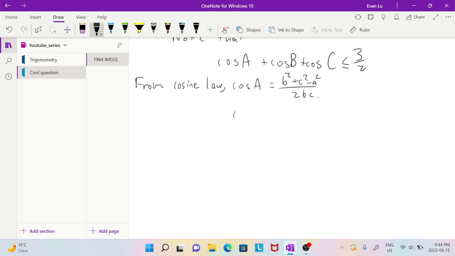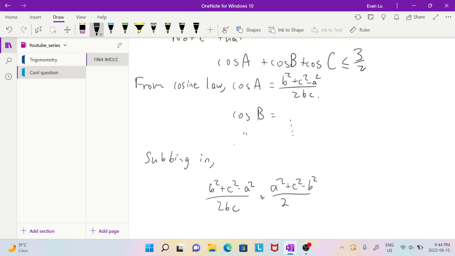And then we would just write down each other one, but I'm not going to write it down. Okay, subbing in, we get that b squared plus c squared minus a squared over 2bc plus a squared plus c squared minus b squared over 2ac plus b squared plus a squared minus c squared over 2ab is less than or equal to 3/2.